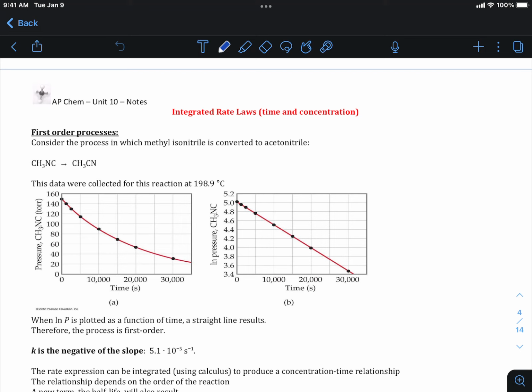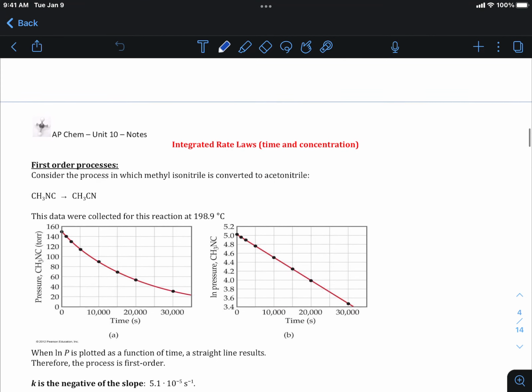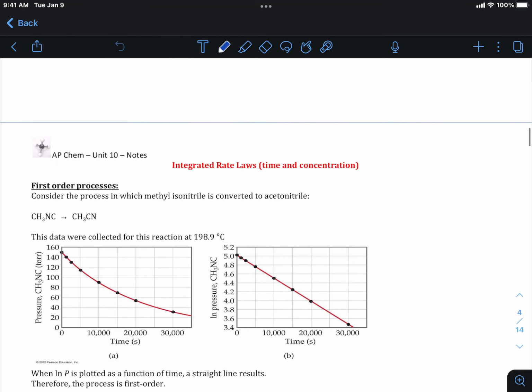All right, so today we're going to be talking about the integrated rate laws. But just to back up and give some context, when we talked about the differential rate laws, like the format of rate is equal to k times concentration of A raised to the m and so on, the differential rate law is our method of relating the concentration and rate, right?